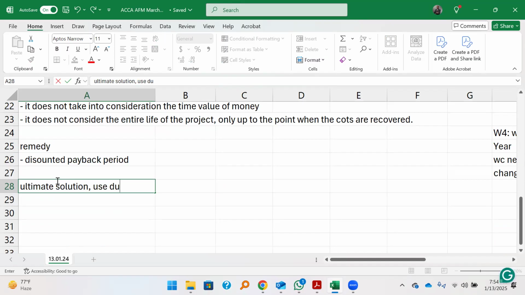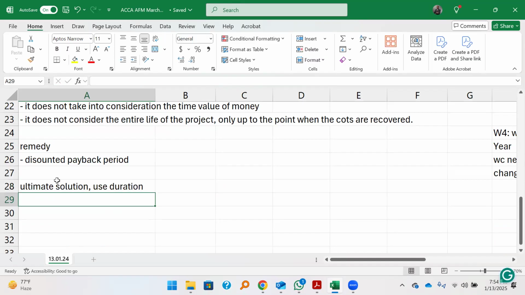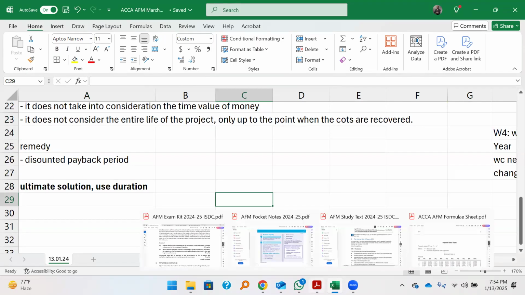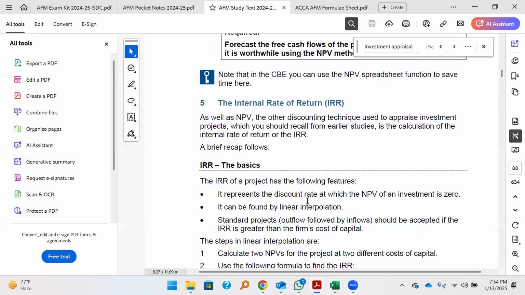We use duration. So duration is a new concept in advanced financial management, meaning that it was not there in the FM days. Therefore, you may not know how to calculate it. So once you find yourself in such a situation, you can always go to the textbook and find duration.